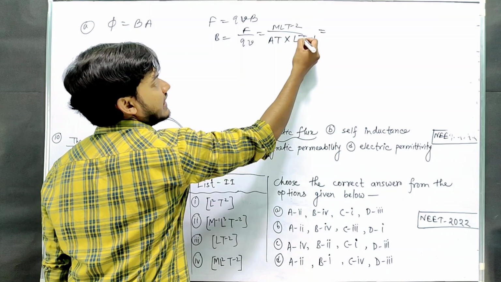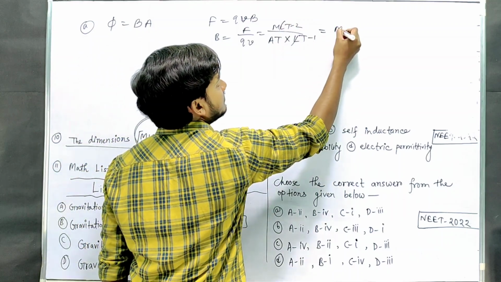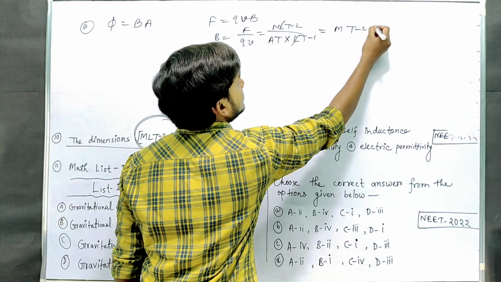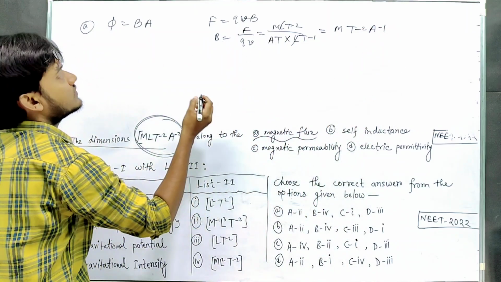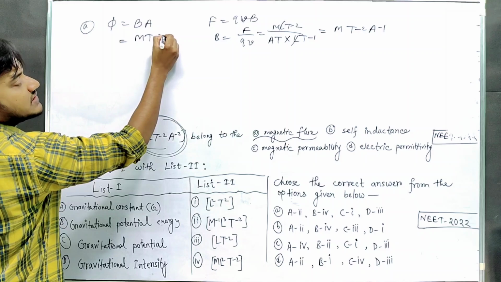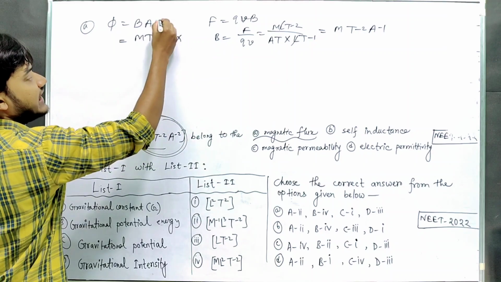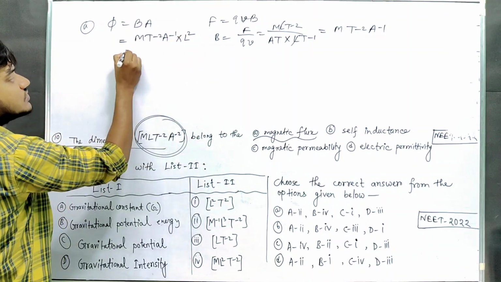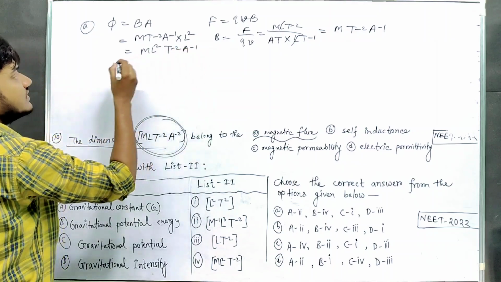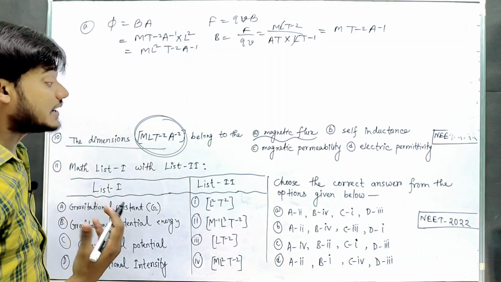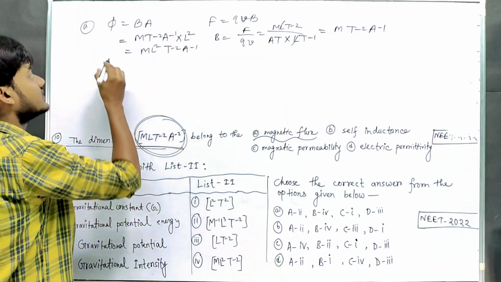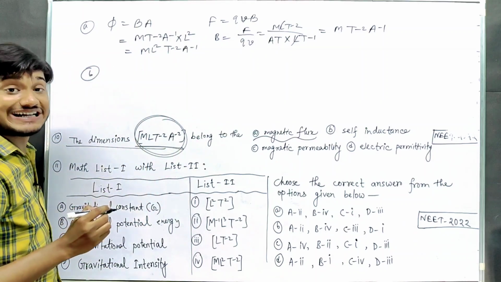So L cancels out, T inverse cancels out, B equals M T inverse 2 A inverse. Area equals L square, so M L square T inverse 2 A inverse. This is the dimension of magnetic flux. So no, this is not option B. Self-inductance.